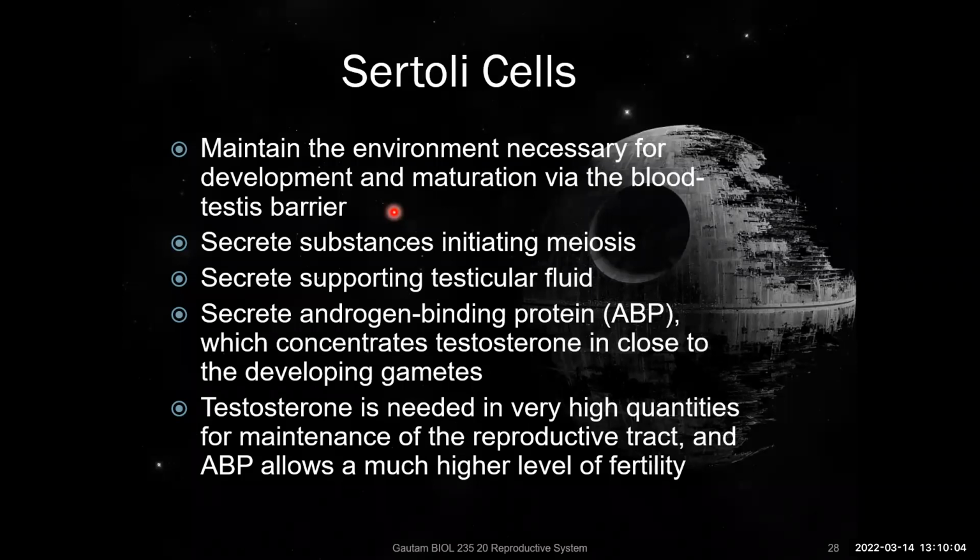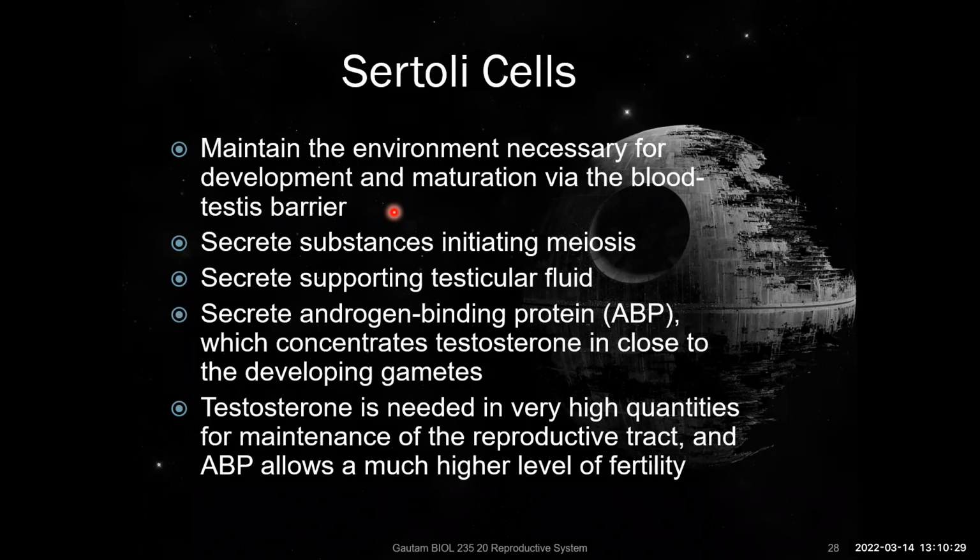When we learn about the immune system, we'll see why, but mainly it's to prevent the man's immune cells from destroying the sperm cells. Just like the blood-brain barrier, the blood-testes barrier prevents components from blood from entering the seminiferous tubule and affecting the developing or developed sperm cells.